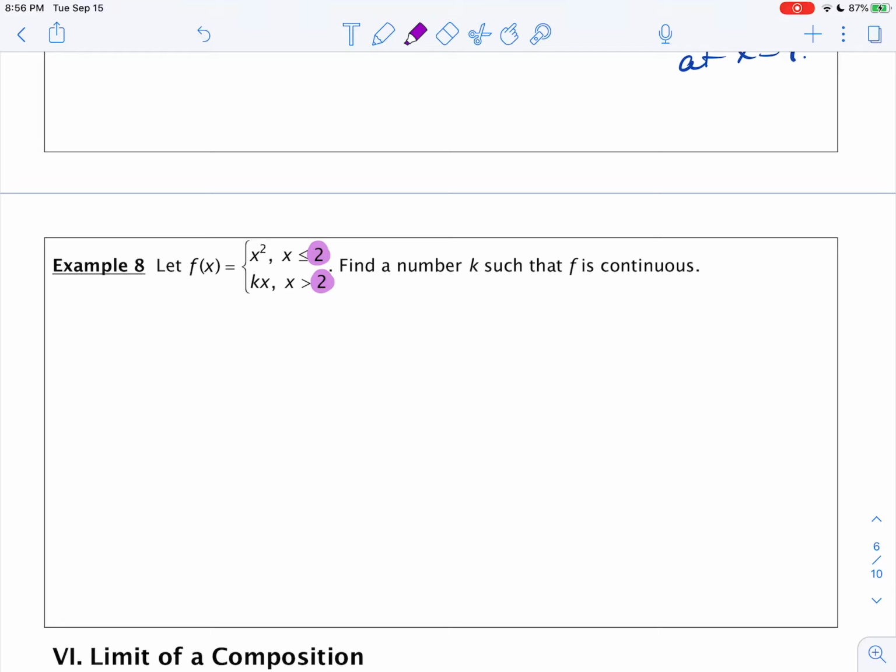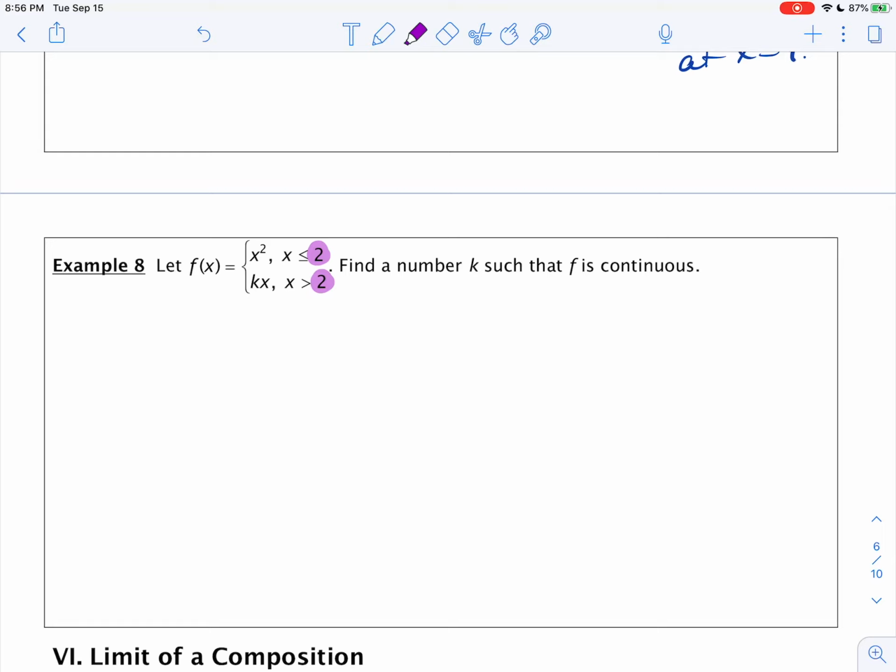Because we've got a shift in our graph. We know that x squared is a polynomial, so for all points it's going to be continuous, but we're switching the graph when we get to kx. K is a constant. That's also going to be a line, and it's still a polynomial. It's just a linear polynomial. That's also continuous at the other values, but again, we split.